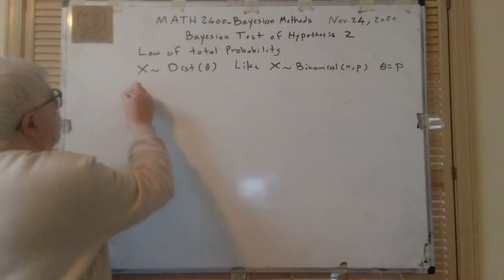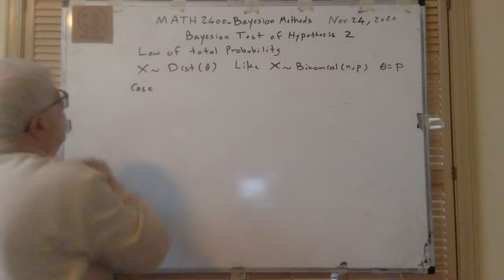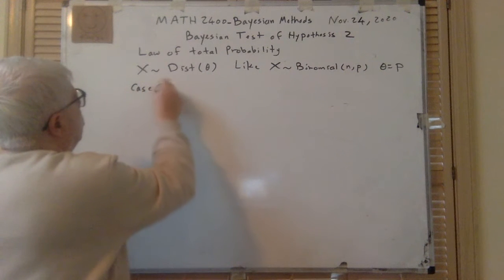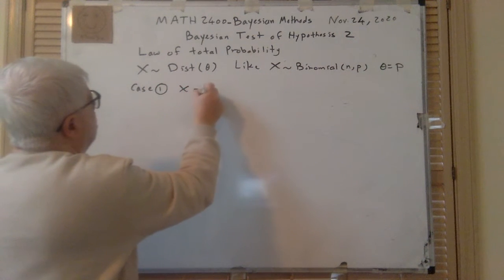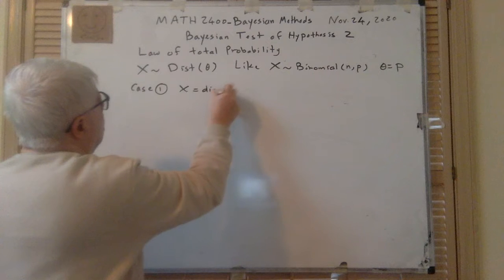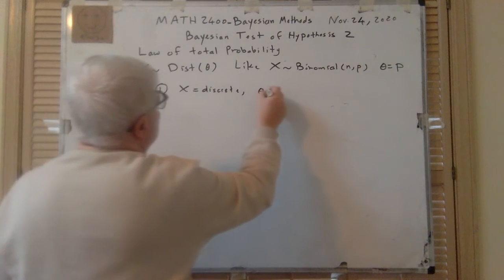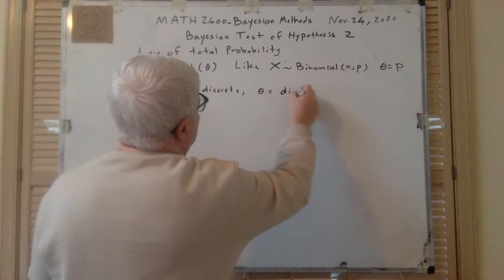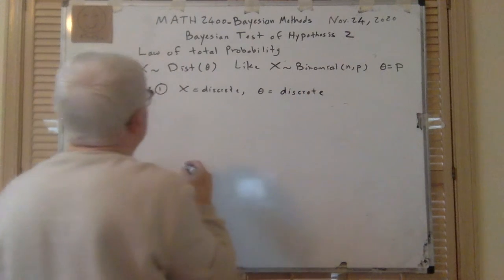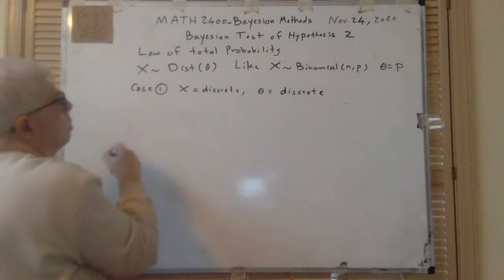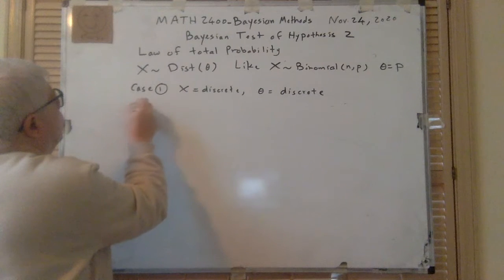So we have some cases here. Case number 1 is X discrete and theta discrete. That's the one which we had before even starting this thing.